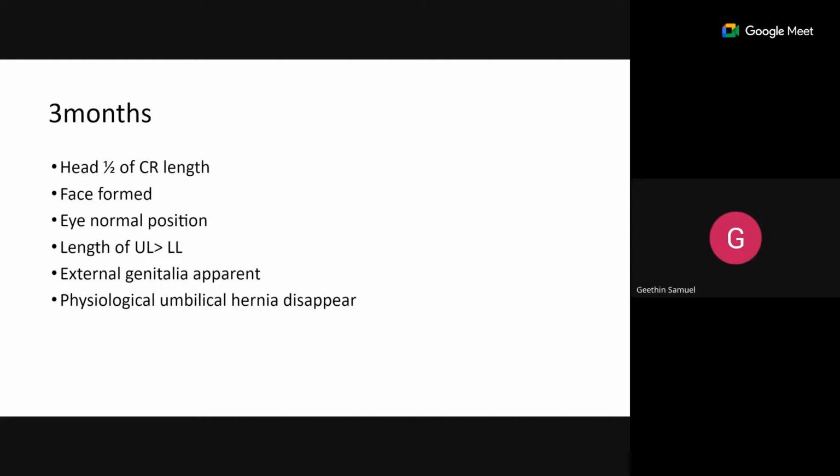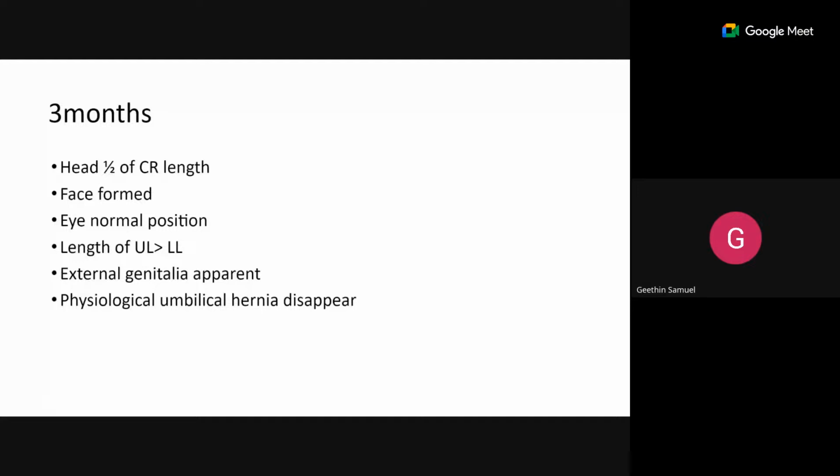So in the 3rd month, the head will be half the size of the crown rump length. What is meant by crown rump length? The length of a fetus is measured from the upper part of the head to the bottom of the gluteal region. That is crown rump length.